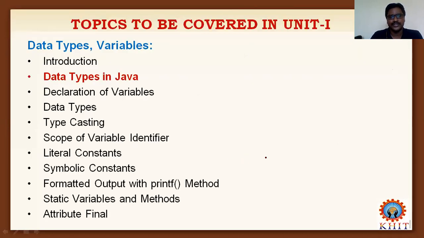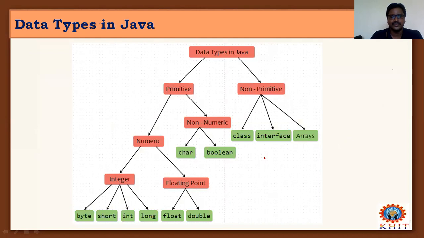Coming to data types in Java, we take primitive data types and non-primitive data types. Here, primitive again has numeric type and non-numeric type. In numeric, there are integral and floating point values. For integers we consider byte, short, int and long, whereas for floating point representation, float and double.